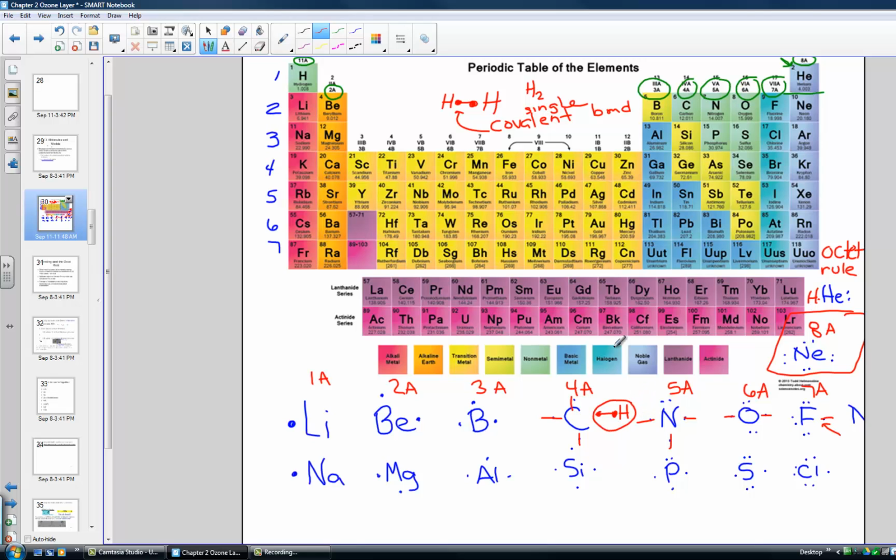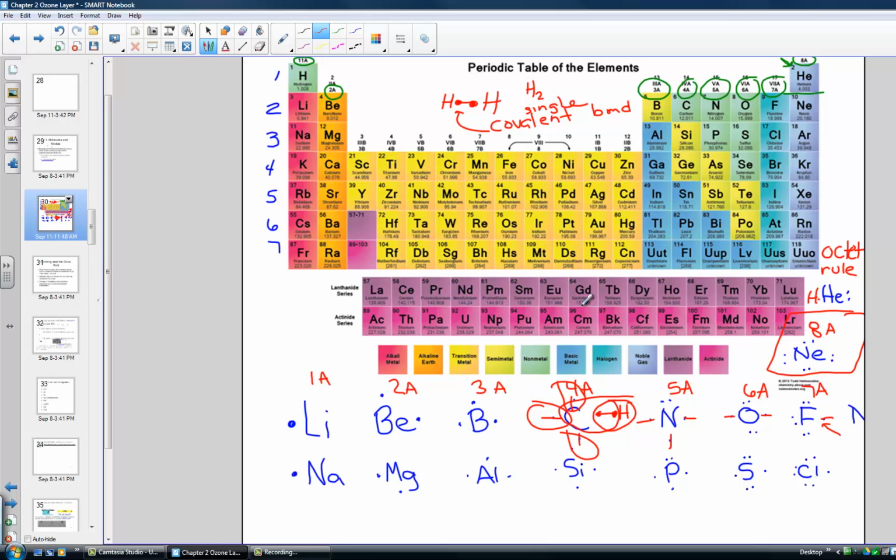Hydrogen now has 2. That makes it happy. It has 2 electrons, it's noble gas like helium. And this carbon would also be sharing those electrons. So we're looking at forming bonds with other elements to achieve a noble gas.